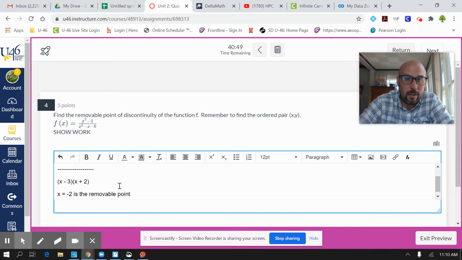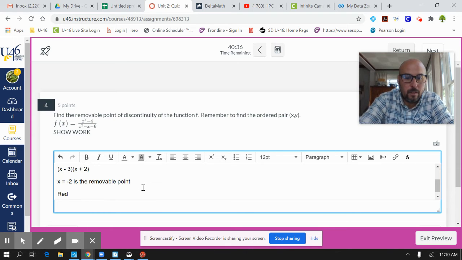But it's a reminder here, we're finding the x and the y. So that's the x. How do I find the y? Well, after you cancel out these factors, after you remove them, what you are left with, the reduced version, is x minus 2 divided by x minus 3.